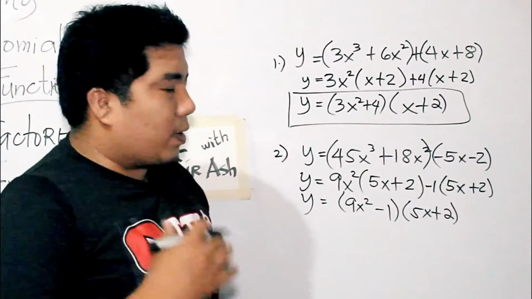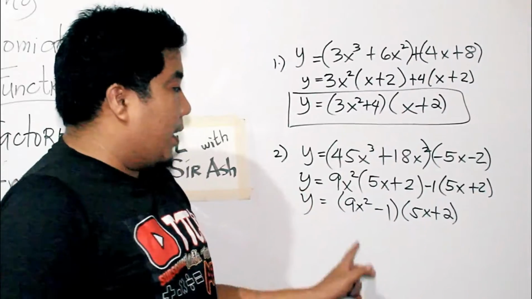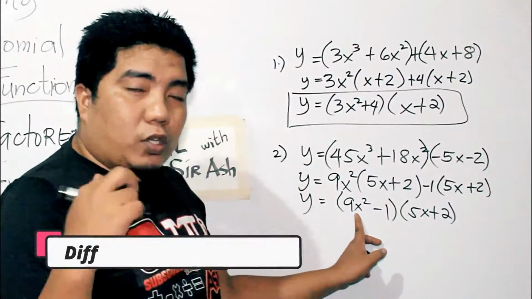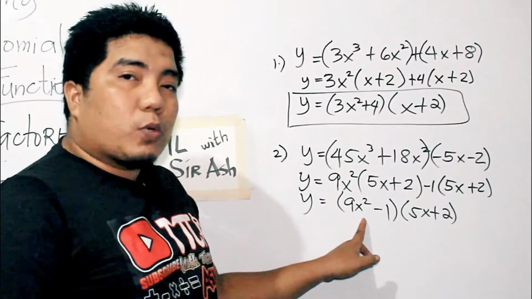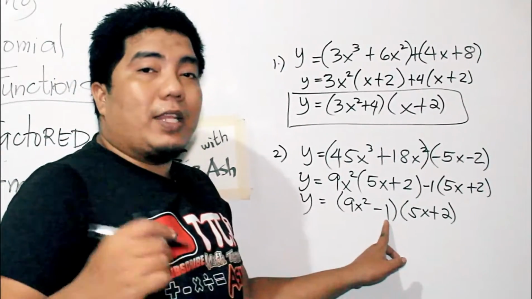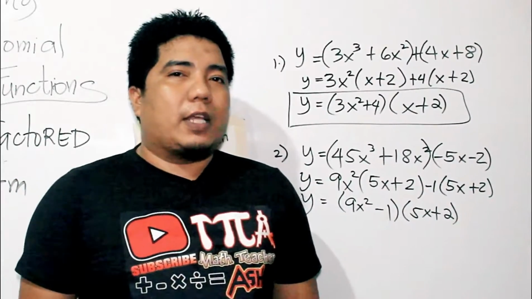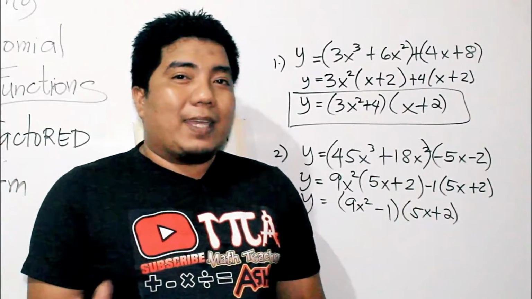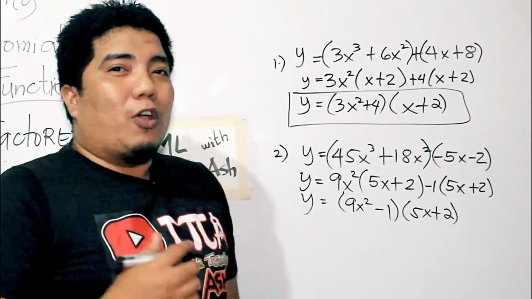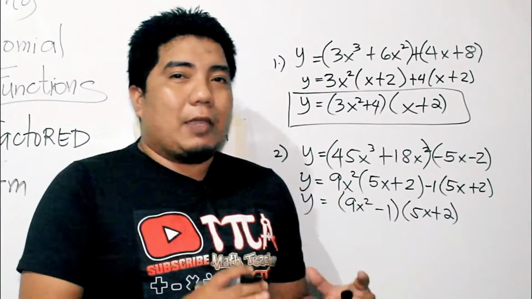Now look at this. As you can see, the first binomial is a difference of two squares. Why the difference of two squares? Because 9x squared is a perfect square and 1 is a perfect square. Remember in the lesson on special products, if you have a difference of two squares, you can factor it by getting the square root of each term, that is a plus b and a minus b.